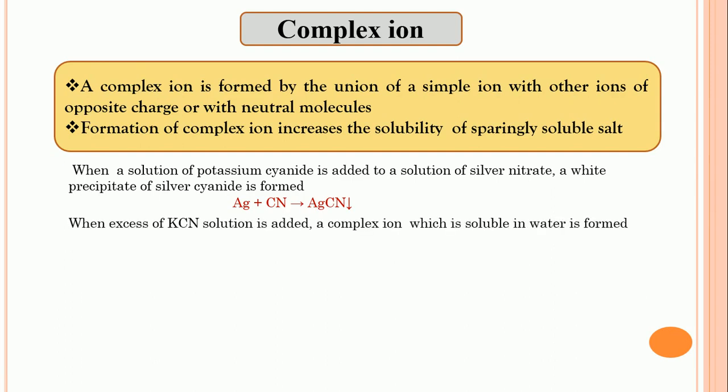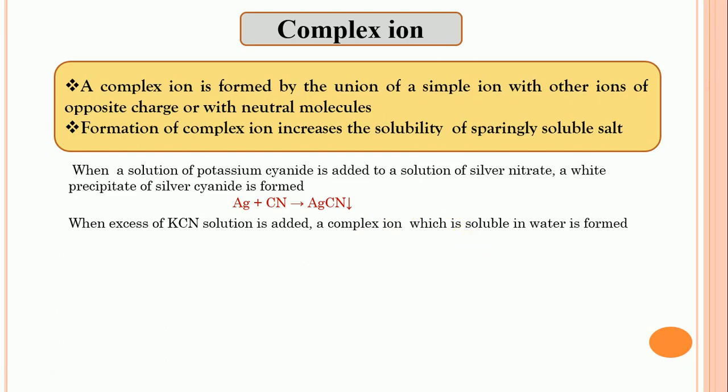when excess of cation is added, then a complex ion which is soluble in water is formed. So when excess of cation is added into this solution, that means this cation is added into this AgCN, then complex ion is formed, and when complex ion is formed, then the solubility product increases and then it goes into the solution.